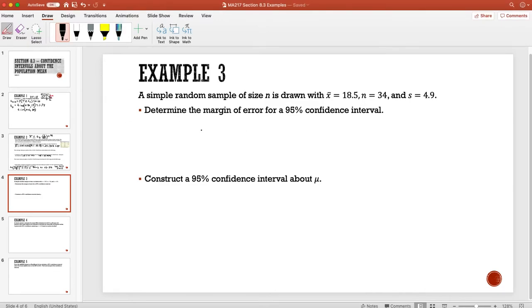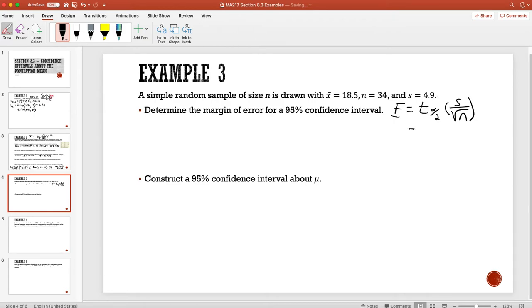So for that margin of error, the calculation for that is going to be t sub alpha divided by 2 times the sample standard deviation divided by the square root of the sample size.